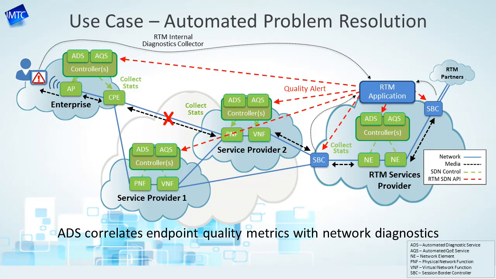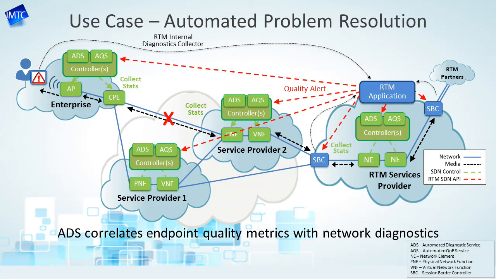Well, the RTM application typically today collects metrics from the endpoints. In this example, the user on the far left is periodically sending diagnostics through internal RTM application diagnostics collectors. Skype does this, Cisco WebEx does this, other applications do it. It collects metrics on what that endpoint is experiencing periodically.